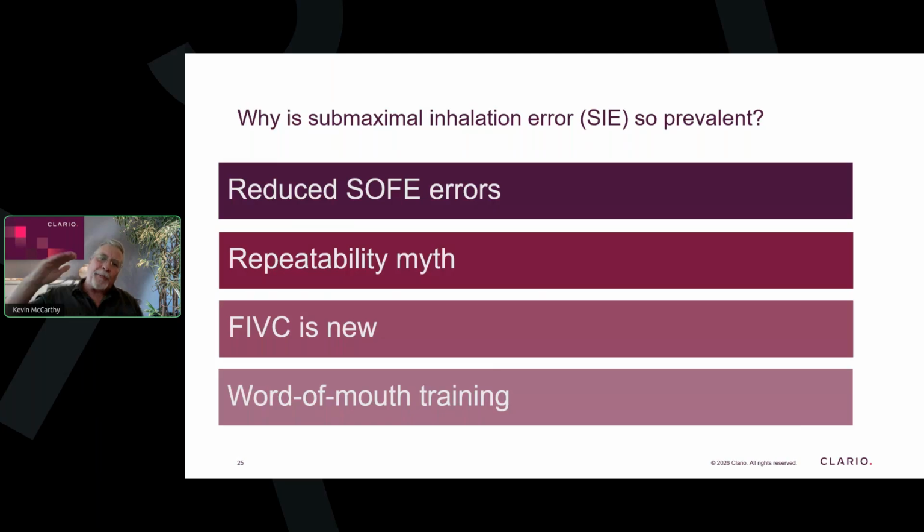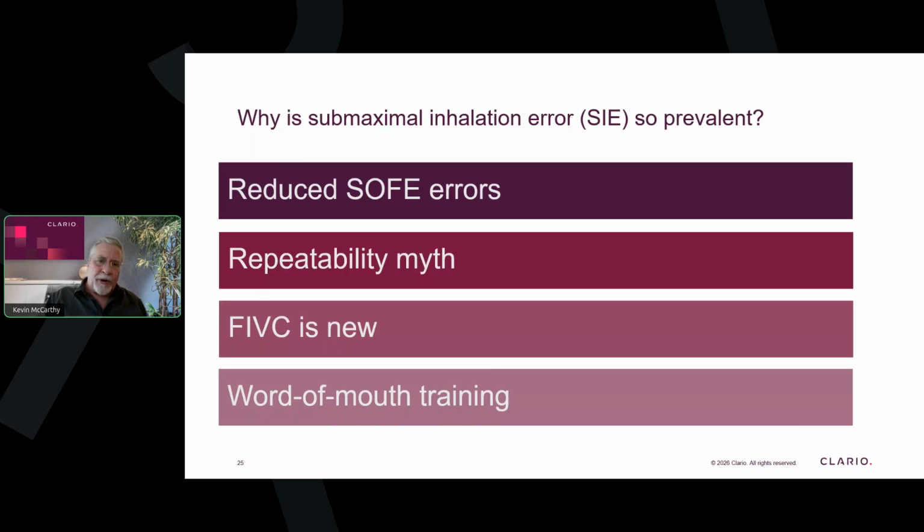And it usually happens when you take a patient up to full inflation and hold them there too long. It's difficult. The lungs and the chest wall both want to recoil back and they let a little bit of air out. So it's the most common start of forced exhalation error. And so you virtually eliminate that by giving the command to blow before they stop or reach full inflation.